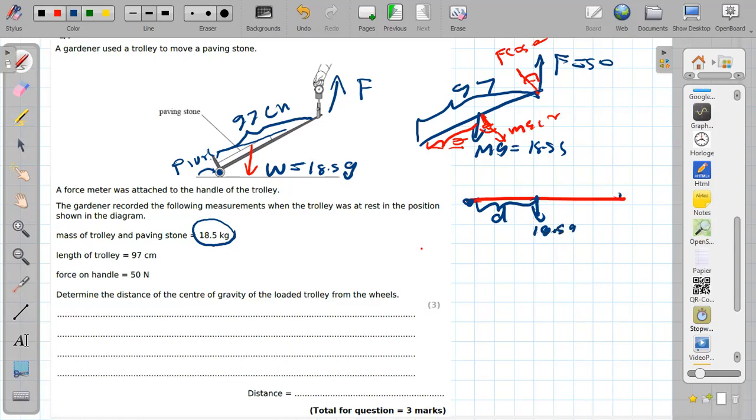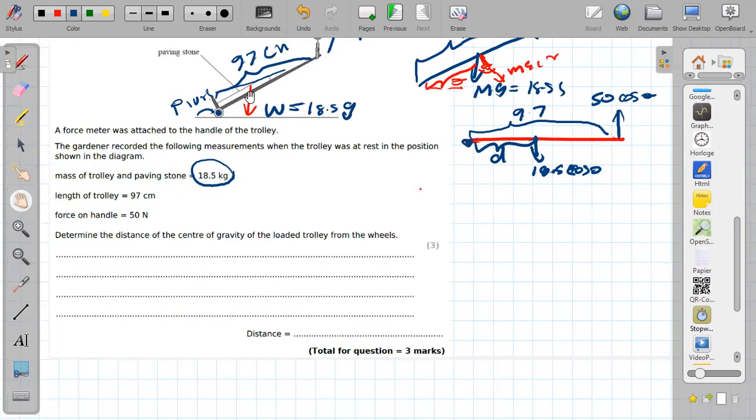18.5 g, and the cos theta. Cos theta, the upward thing, is what? 50 cos theta times what is the distance? 97. Yeah. Now you can apply it like this. How? The anti-clockwise equals the clockwise.